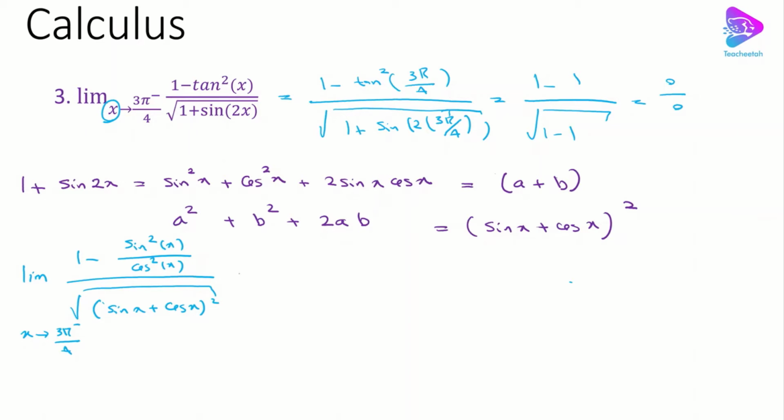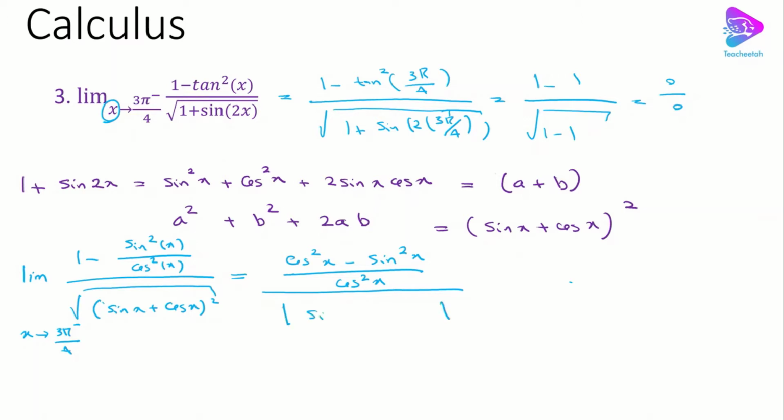Now we have sine x plus cos x squared, so it's in power of 2 and it is inside the square root. So we can take it out of that square root and rewrite it in this form: cos squared, and just simplifying the top part and getting the common denominator, basically it's going to be 1 minus sine 2x over cos squared x, and on the bottom, because I'm taking the power out of the square root, we need an absolute sign.